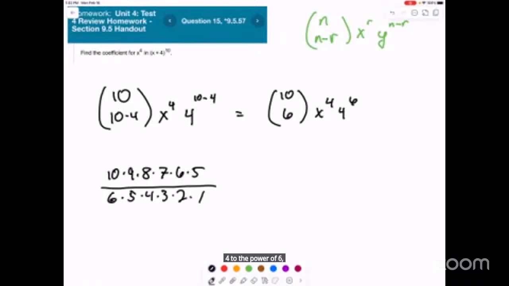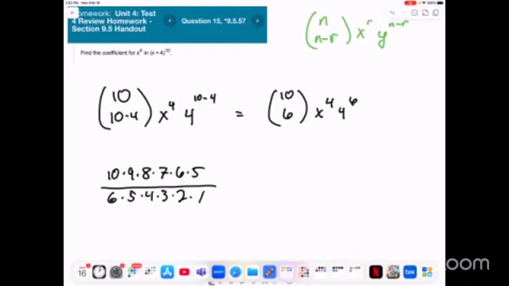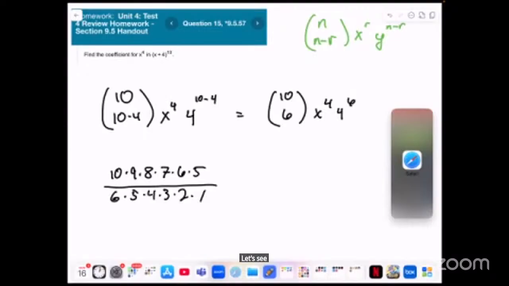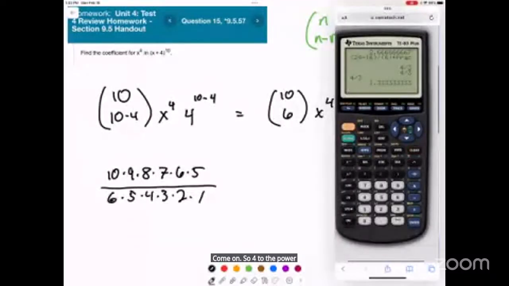I'm going to have to use my calculator for that one. So 4 to the power of 6 is 4096. Okay.